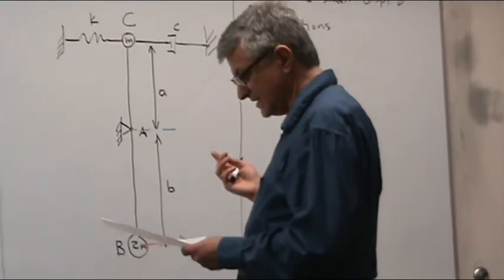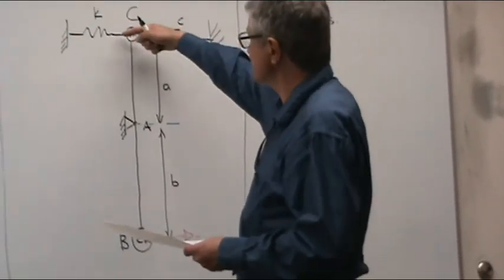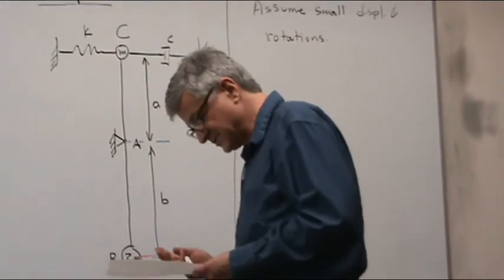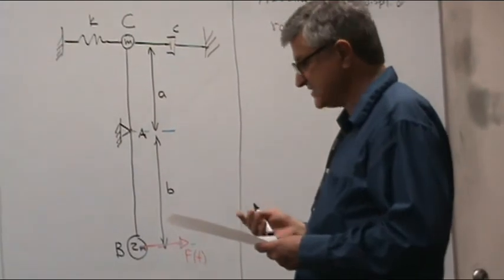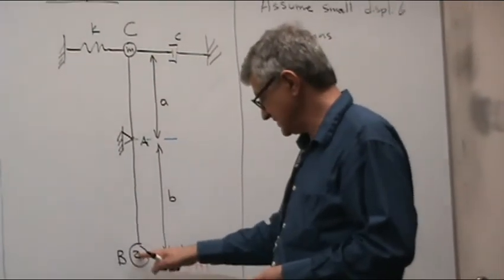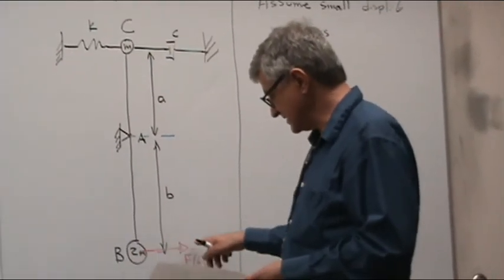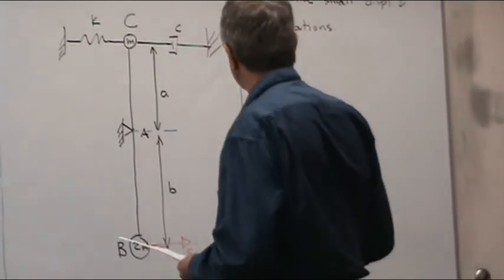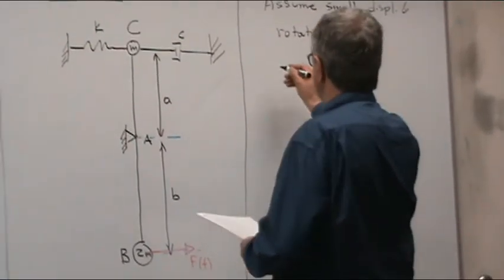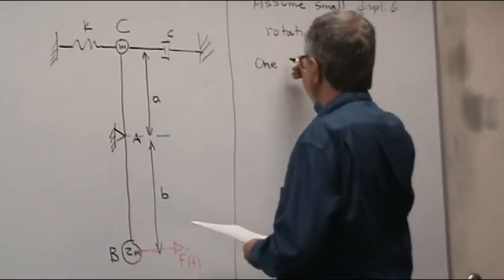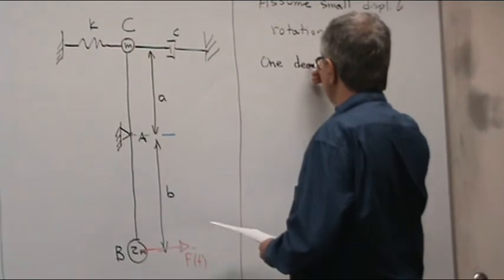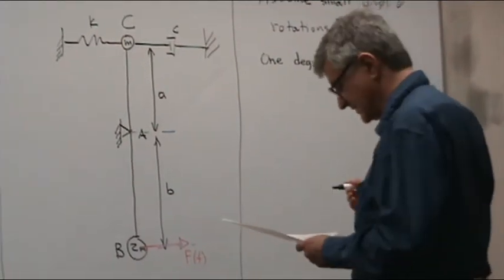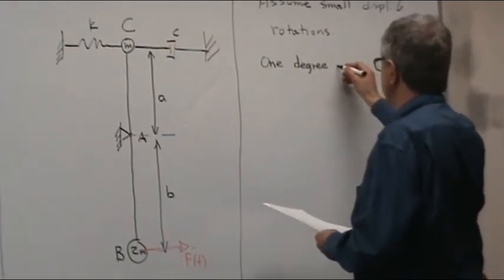Or an alternative could be to consider the displacement of the upper mass. So there are three options, and let's choose the second option, where the displacement of the lower mass is the degree of freedom. Although there are different options, there is one independent degree of freedom.